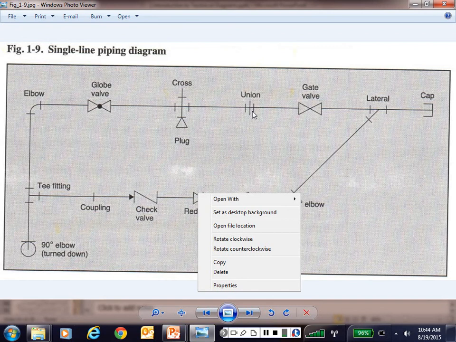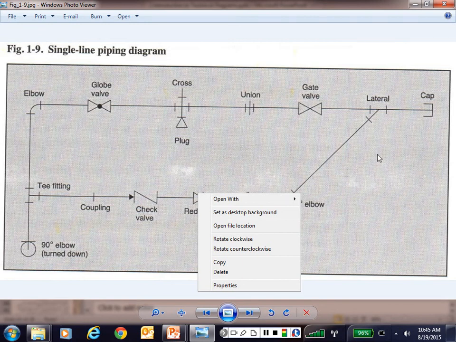Then you can disconnect your union and unscrew the pipe out of the water heater. Because if it's soldered into the pipe, you can't unscrew it out of the water heater because it's threaded down in there. That makes sense? So a union is just something we use to make piping easy to take out and put up. You go down and look for these at Lowe's.